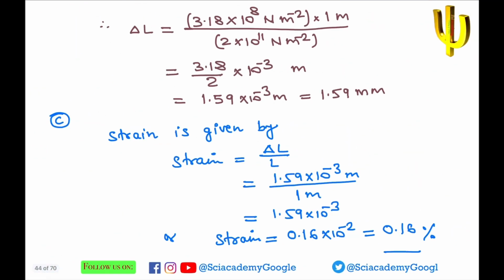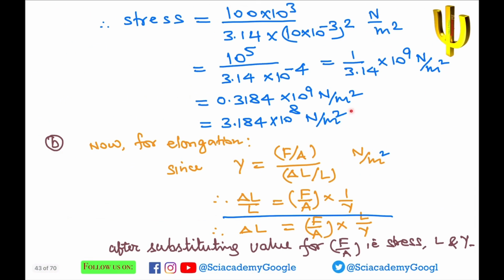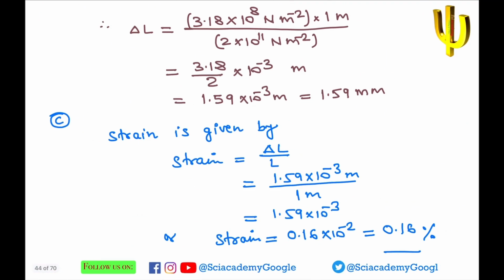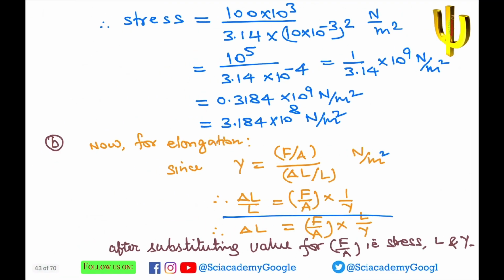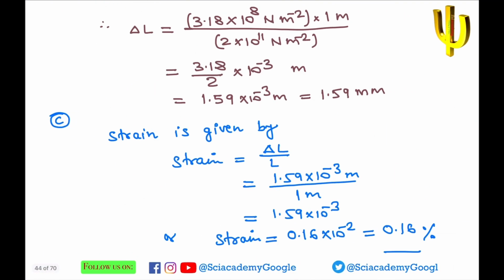Therefore, we get elongation in the steel rod due to the applied force equals F by A. We have already calculated F by A, this. We will use this value F by A, that is the stress, into the length of the steel rod divided by Young's modulus.